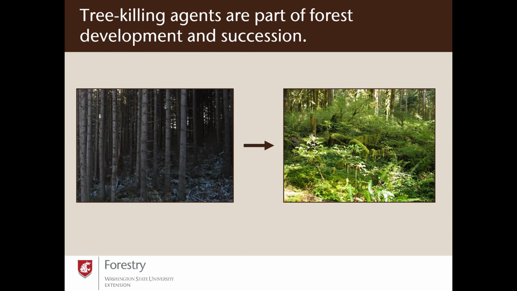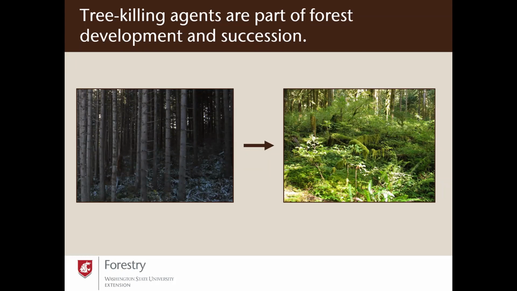That dark, dense stage to that much more robust, complex stage with better habitat and so forth. Hey, a gap, a root disease pocket, a great way to create a gap to start breaking that structure up and actually moving things forward in development stages. So, things like disease could have an ecological role.